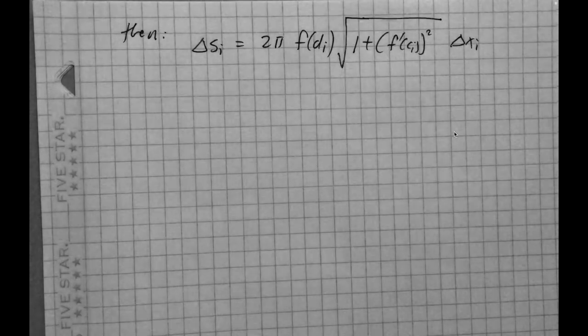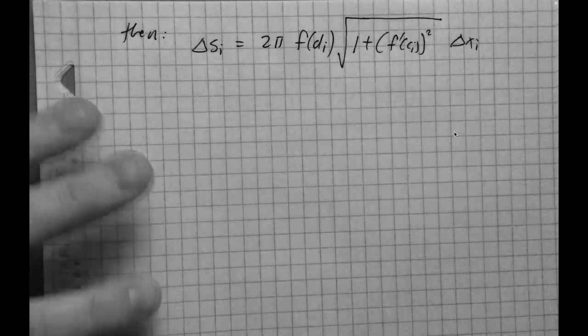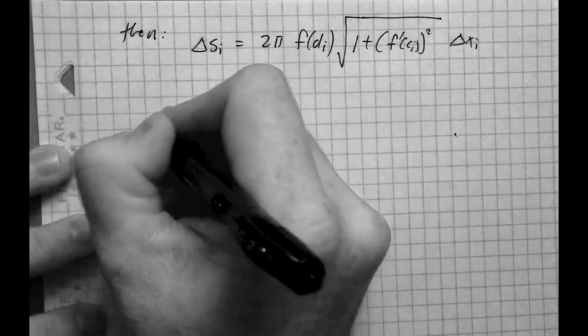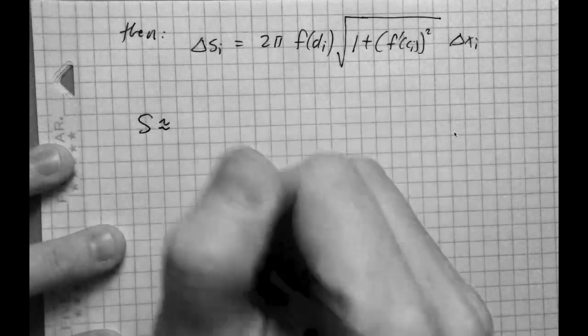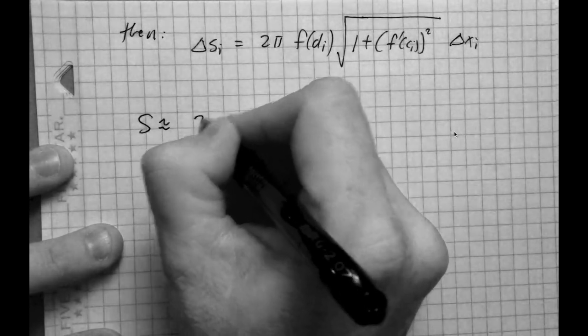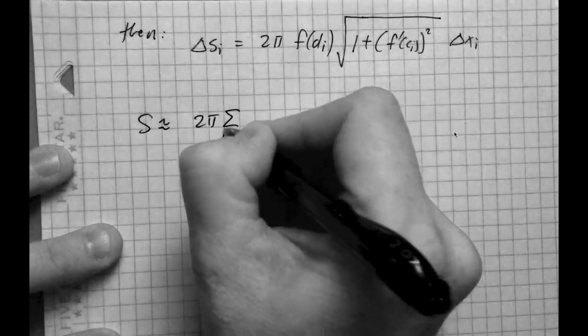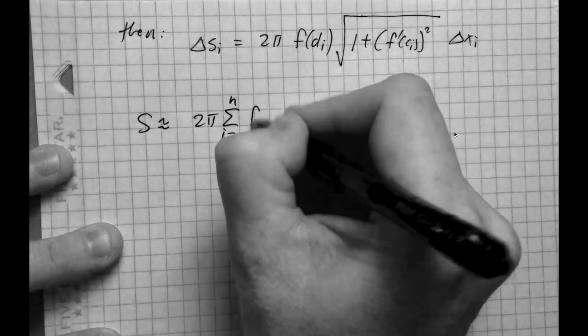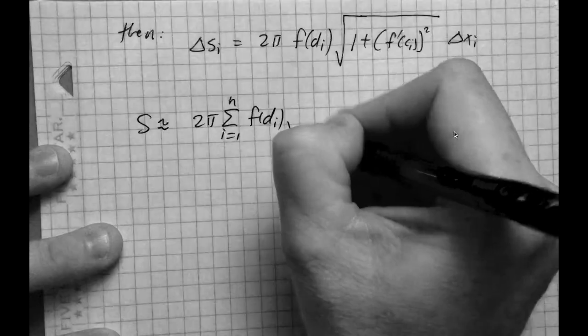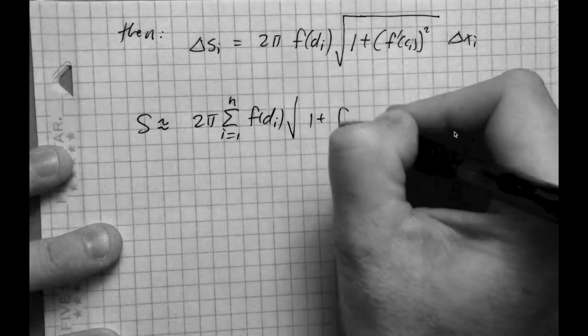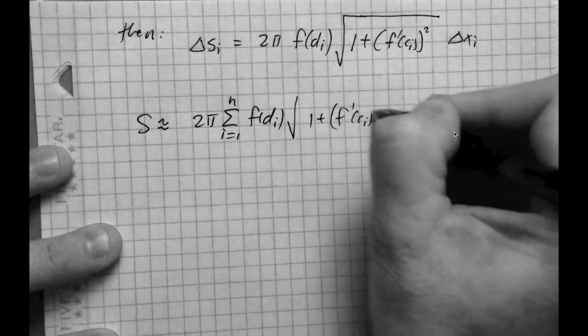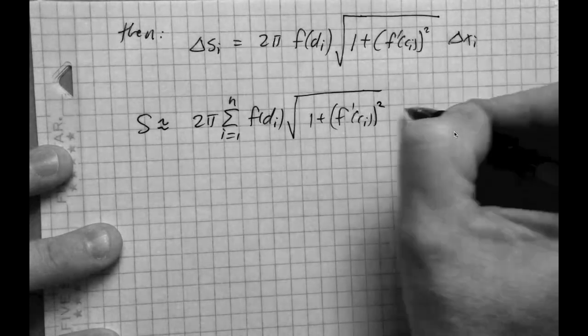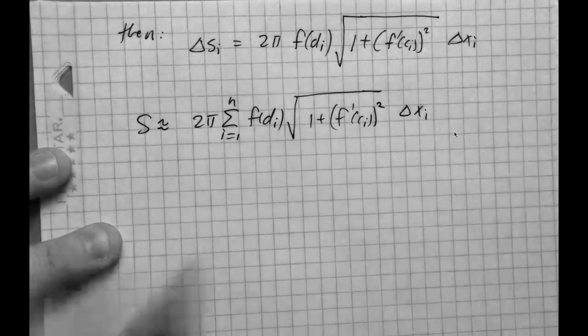Well, we can obviously sum over all such intervals, and this is what we always do. So S is approximately equal to, we'll put the 2 pi outside, the sum from i equals 1 up to n of f of di times the square root of 1 plus f prime of ci squared, times delta xi.